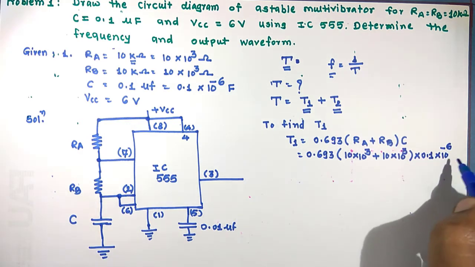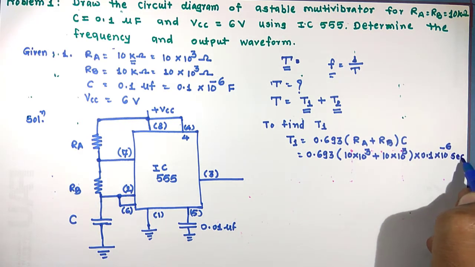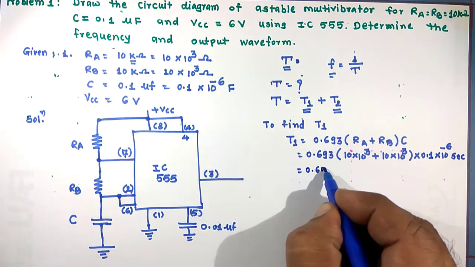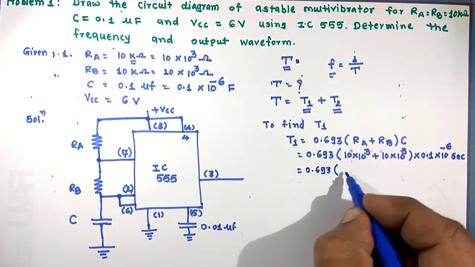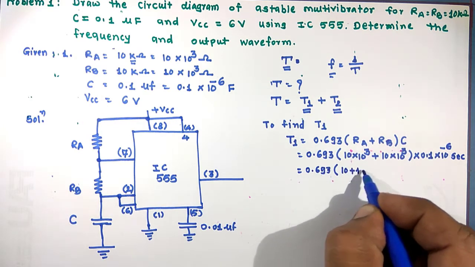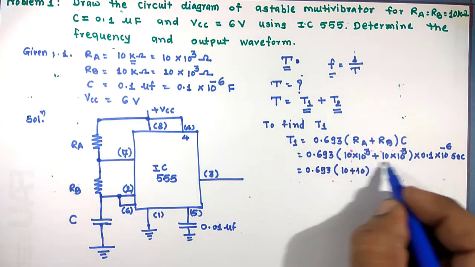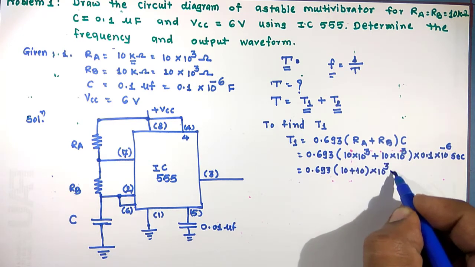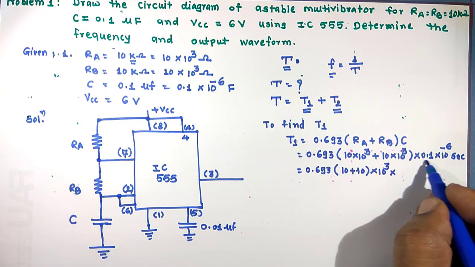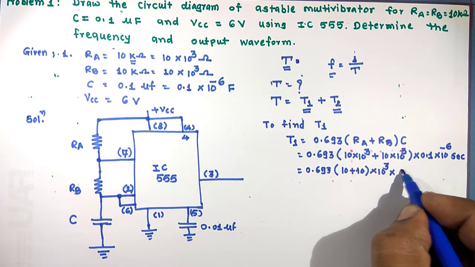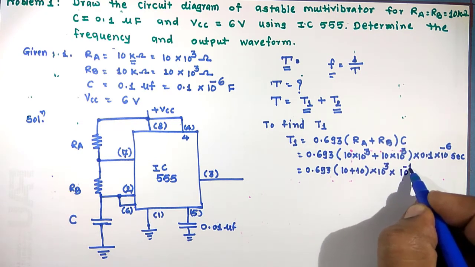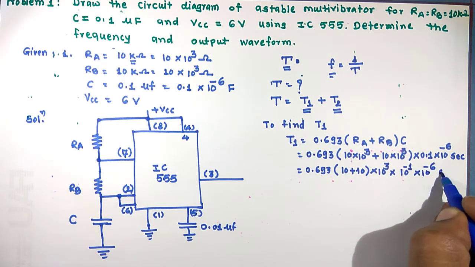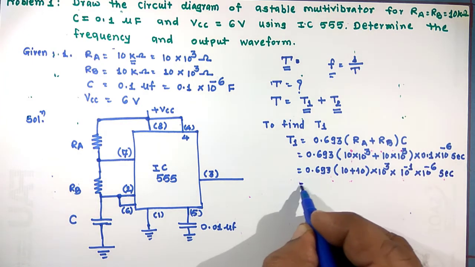So all these will be in second. So this is equal to 0.693 into 10 plus 10, we will take 10 raised to 3 common, so into 10 raised to 3 into, 0.1 means 10 raised to minus 1, into 10 raised to minus 6 second.